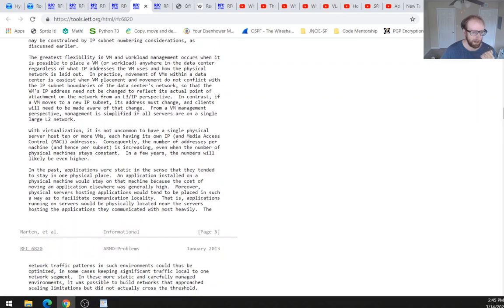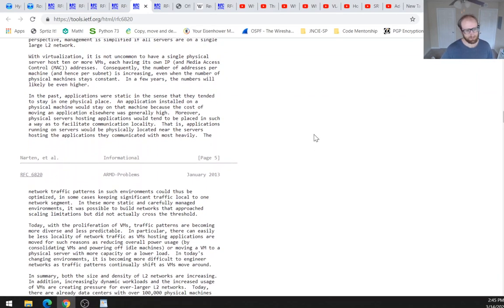And I remember that from earlier: if you extend L3 down to your access layer, you're going to need to manage IP addressing more than you would if it were not all the way down to the access layer.